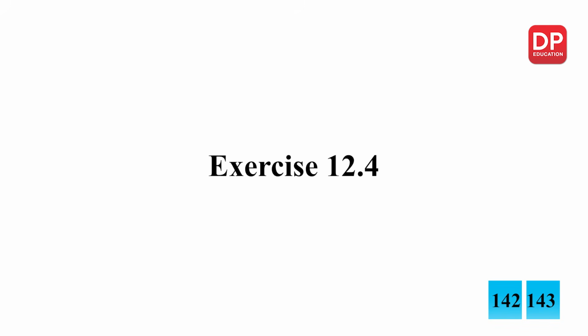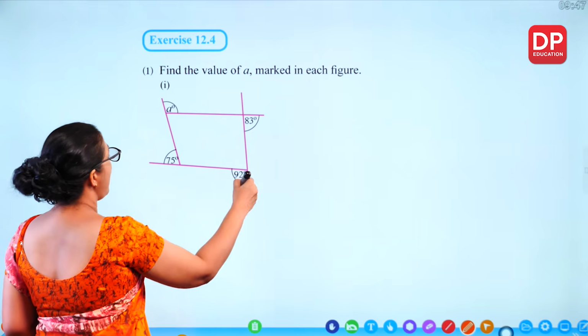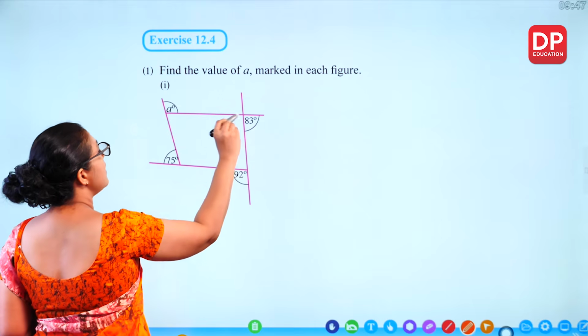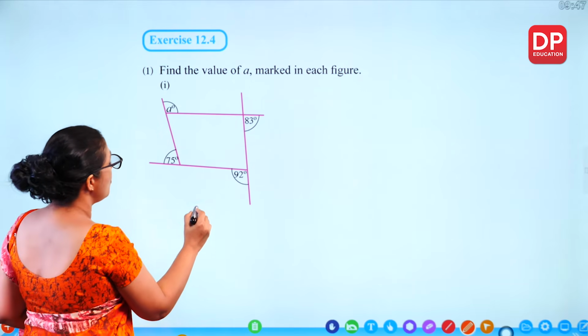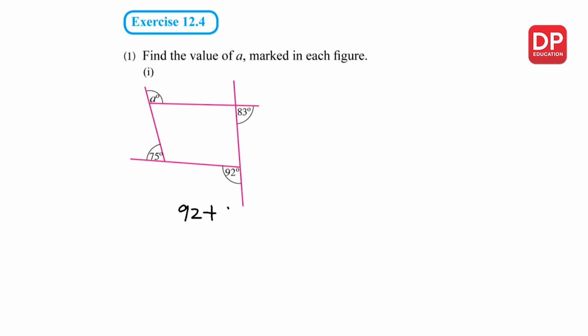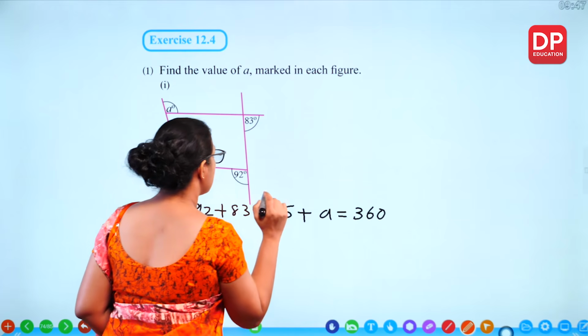Exercise 12.4. Find the value of a marked in each figure. So when you extend all these lines clockwise, you get these exterior angles. So the sum of exterior angles add up to 360.